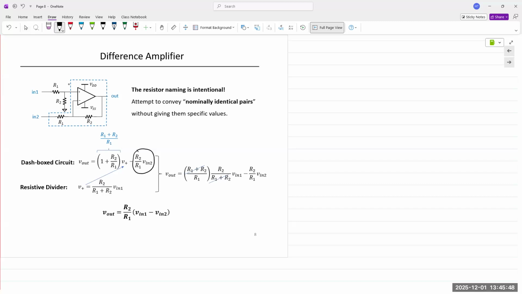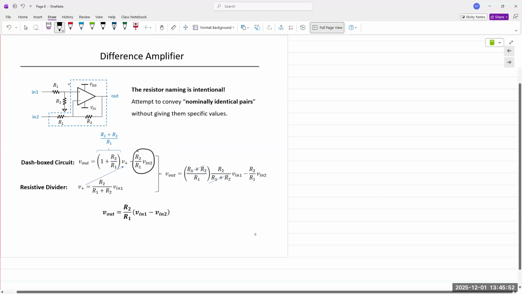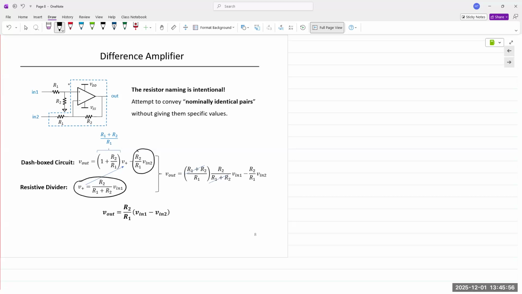And we can calculate the V out expression by plugging in V plus into that equation, and thus obtain this final expression.